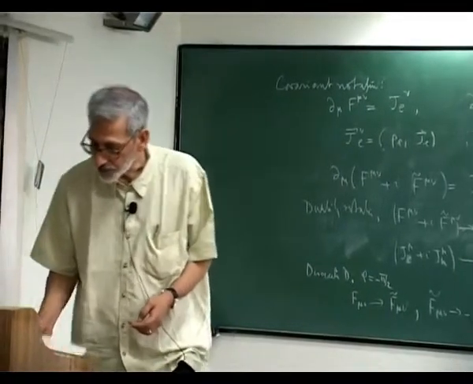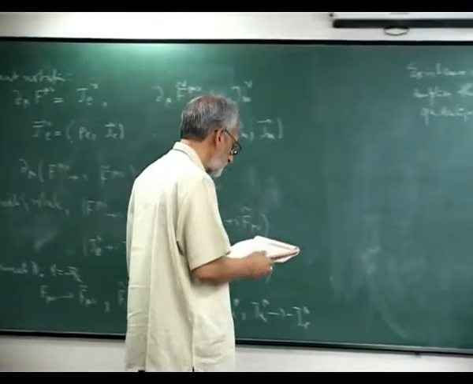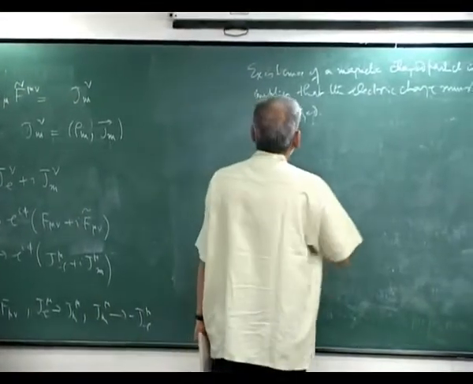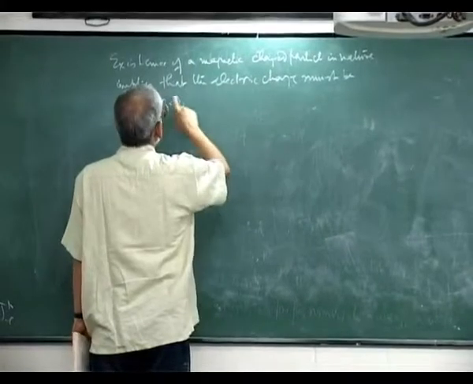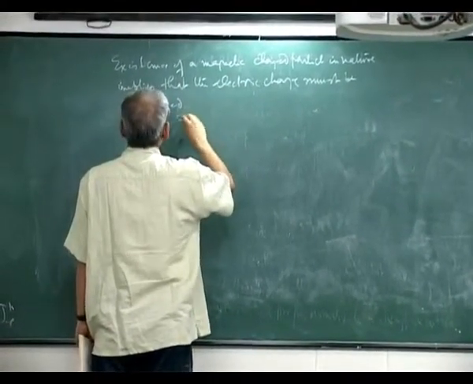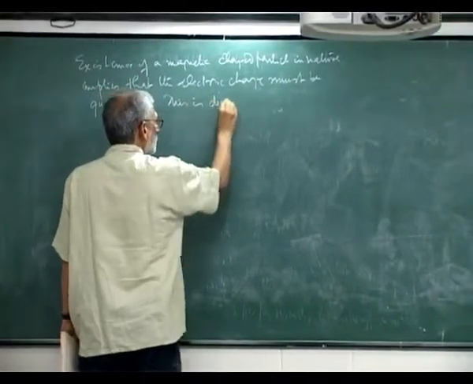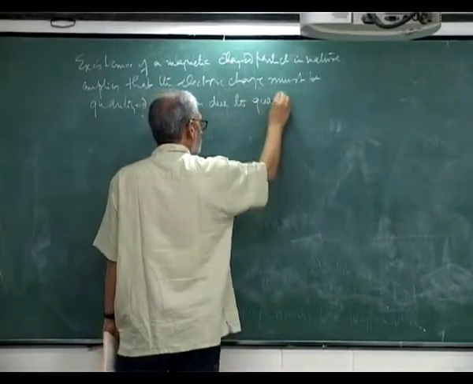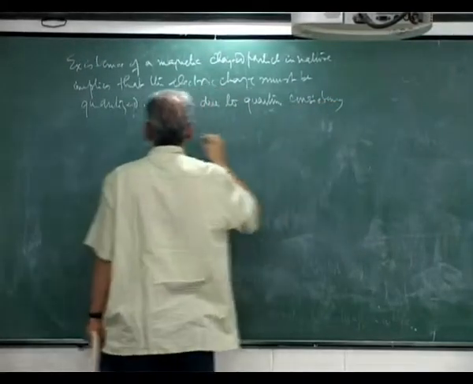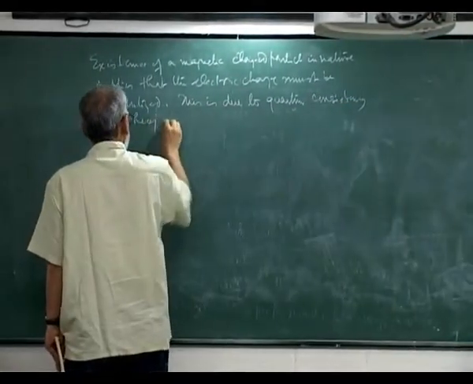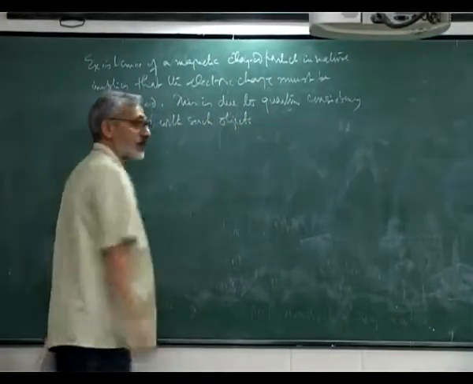So existence of a magnetic charge, a monopole. Existence of a magnetically charged particle in nature implies, and this is due to quantum consistency of a theory with such magnetically charged objects.